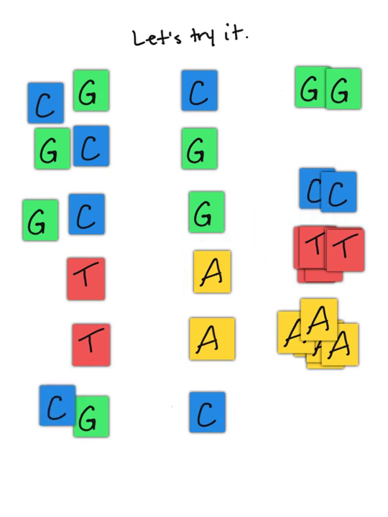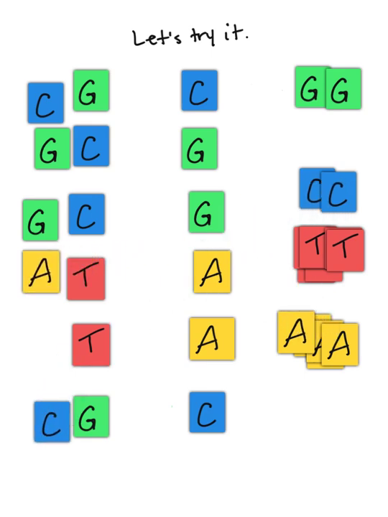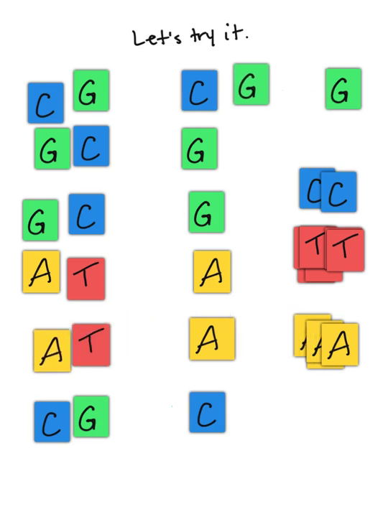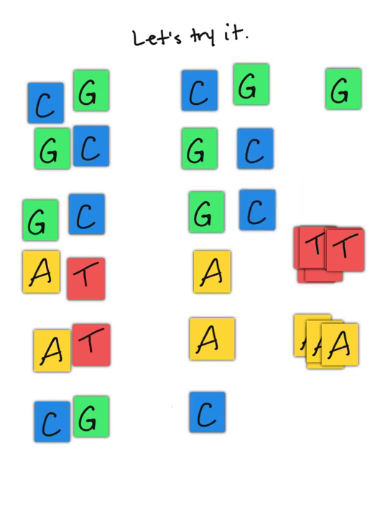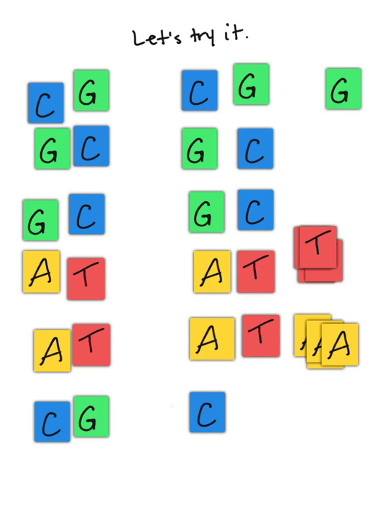You're going to get a C over here, and you're going to get an A, and an A. And then over here, you're going to get a G, and a C, and a C, a T, and a T, and that last G. So the line's not perfect, but if you look at this, you have now two exact copies of the DNA. The DNA has just replicated.